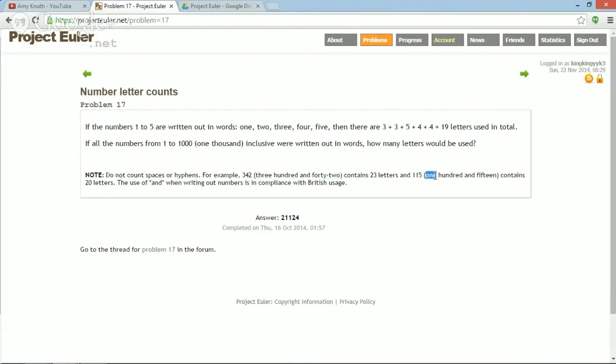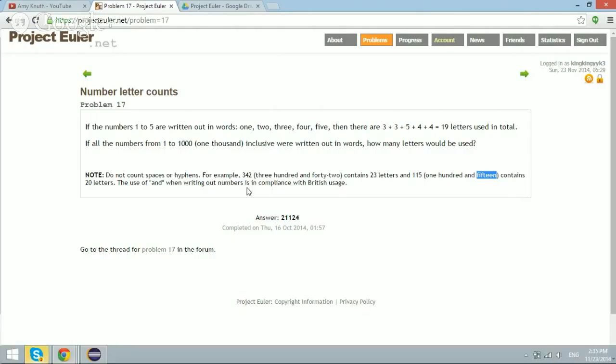So this is 3, this is 7, 10, then this is 3, and this is 7, which makes up 20 in total. The use of "and" when writing out the numbers is in compliance with British usage.